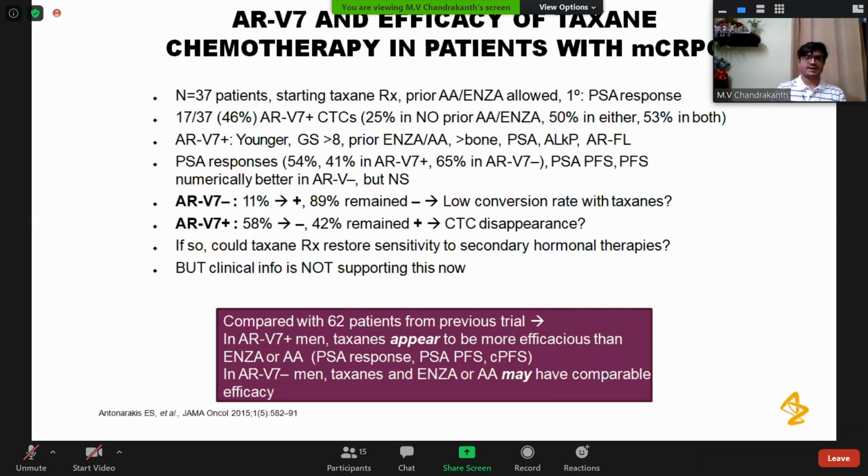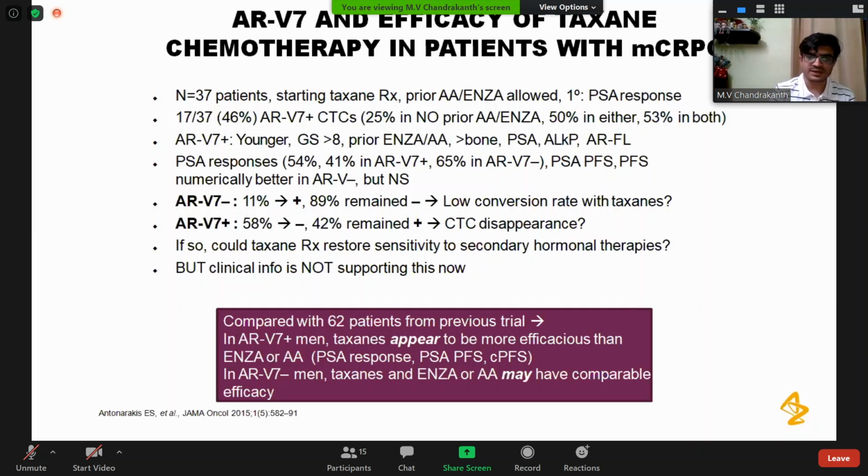So again, if there is ARV7 mutation, definitely the way to go is taxanes. Compared with a 62-patient previous trial, ARV7 mutation meant taxanes appeared to be more efficacious than enzalutamide or abiraterone.